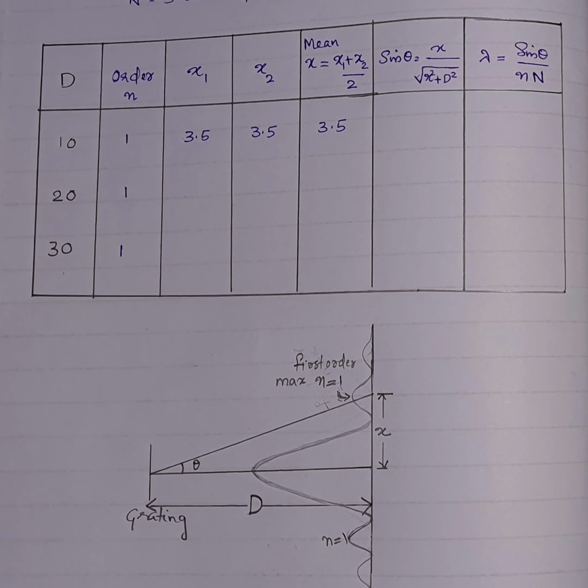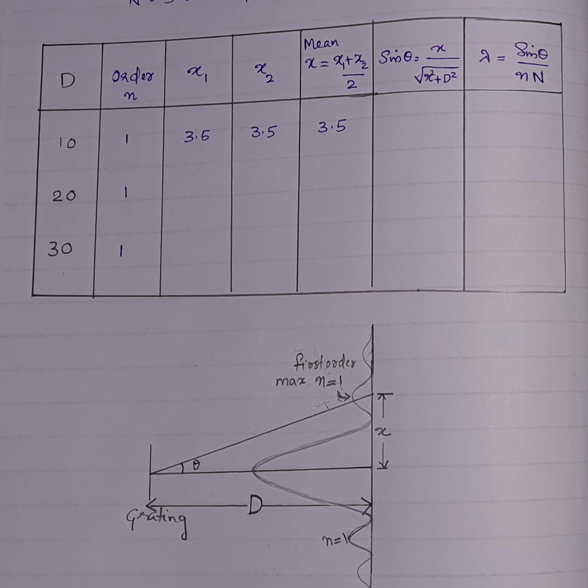Now you have to tabulate the readings in the tabular column. So this is the tabular column. You have D, which is 10 centimeter, then the first order, so n is equal to 1, then x1 and x2, which is the distance of the first order maxima from the central maxima on the left and right side of the screen. Then from that value you have to find x, which is the average of x1 and x2.